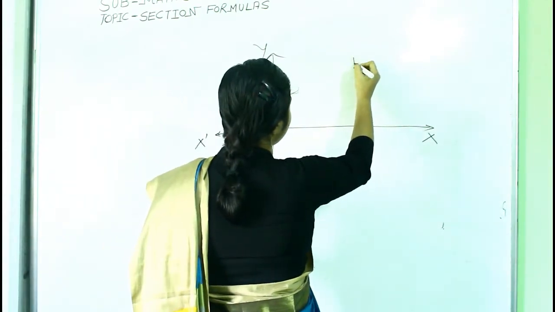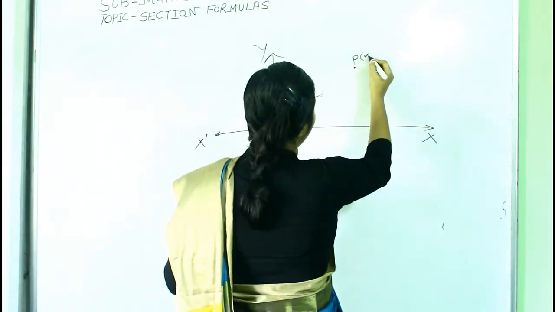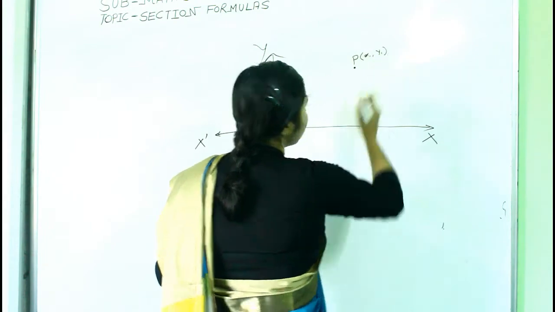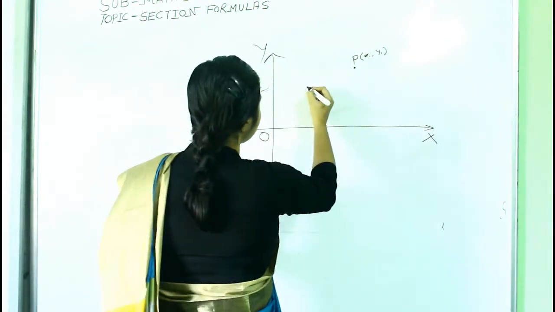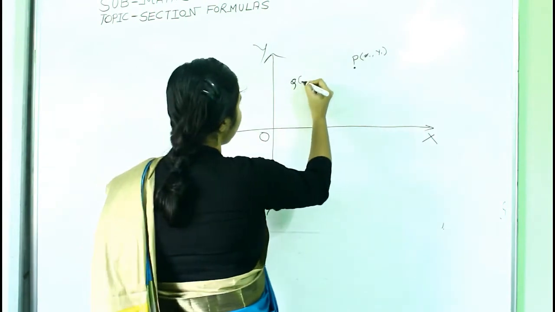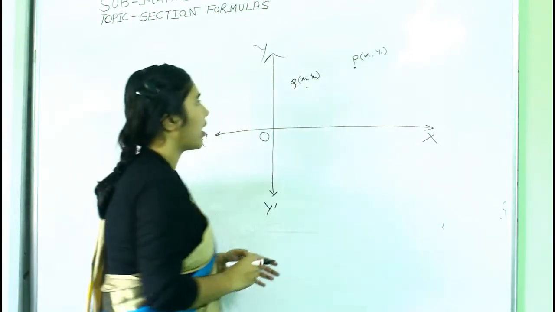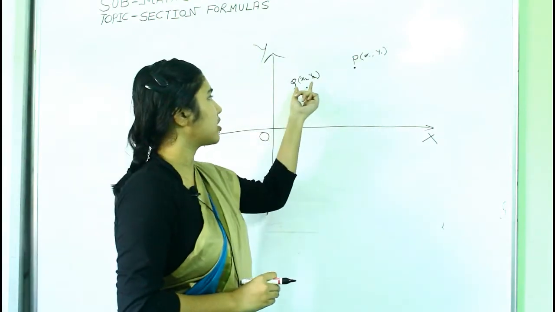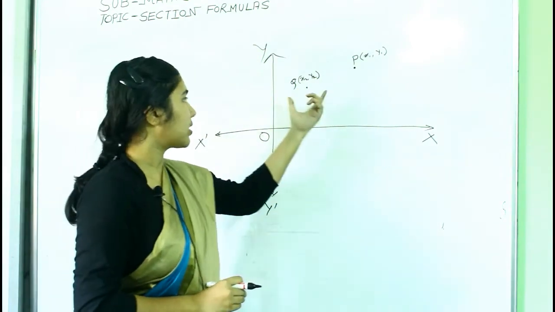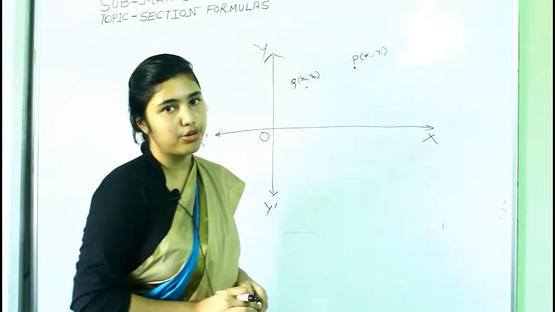Suppose this is a point P with coordinates x1, y1, and consider a point Q here with coordinates x2, y2. We know that x1, y1 and x2, y2 are the Cartesian coordinates of the points P and Q.